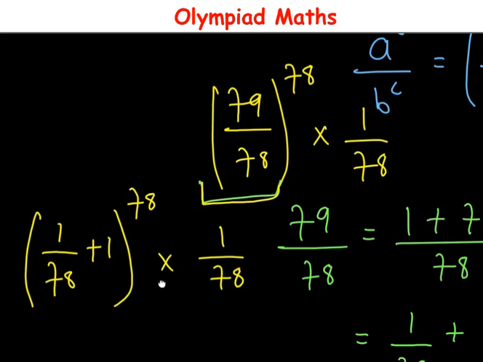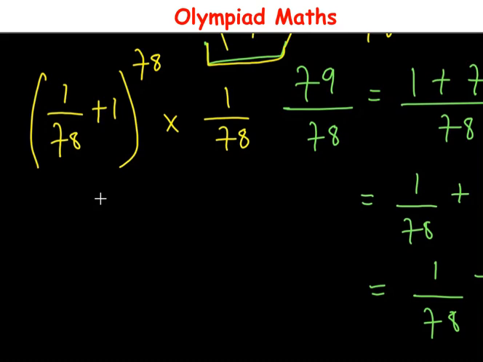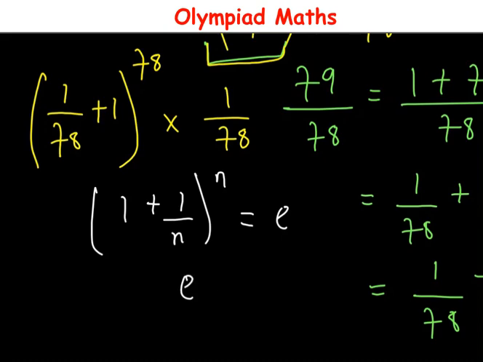Good. So to solve this further, we're going to make use of Euler's formula. Euler's formula states that if you have 1 plus 1 over n, all raised to the power n, this is equal to e, and the value of e is approximately 2.7182, which is less than 3.